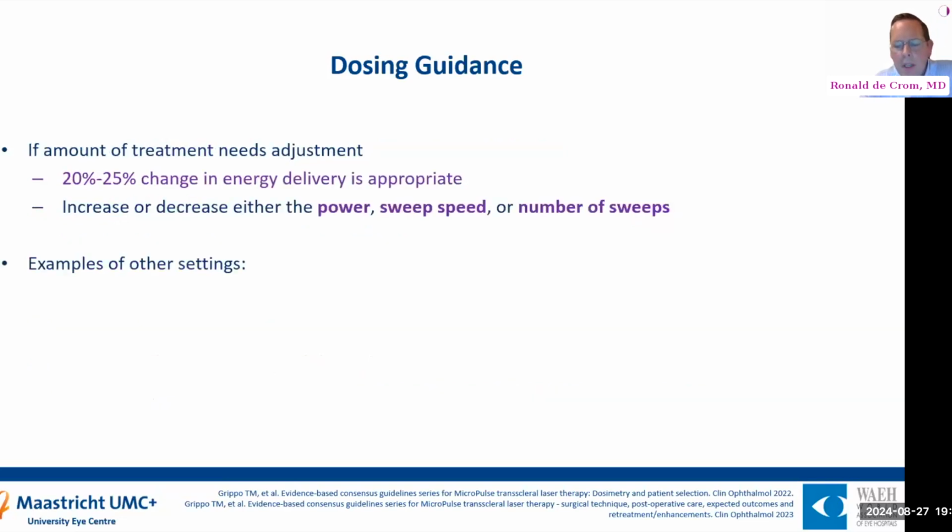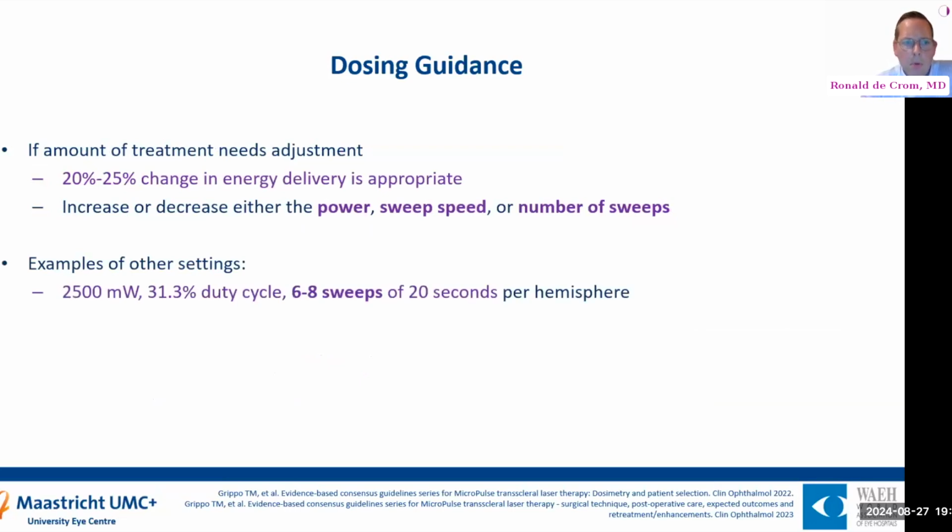I will give some examples of other settings you can use. For example, you can use the advised power of 2500 milliwatts and the fixed duty cycle, but add some sweeps to your treatment. For example, you can perform 6 to 8 sweeps of 20 seconds per hemisphere.